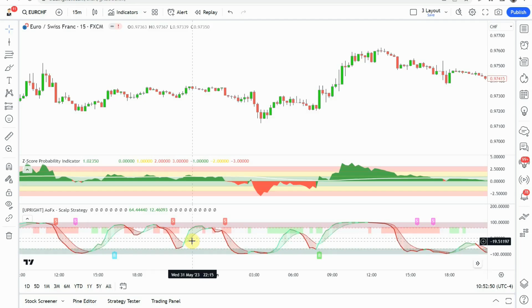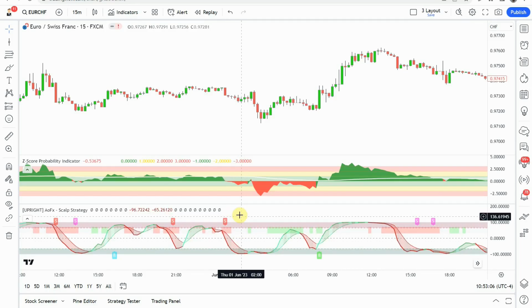Now, there are quite a bit of other options and features to this indicator that I've turned off that you can explore that will also help to increase the win rate of this particular indicator using it just as a standalone. But what we have done, and like I said in the last strategy testing video, was we added on the Z-score probability indicator.